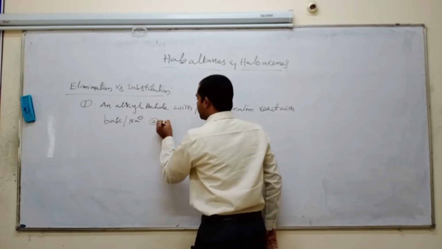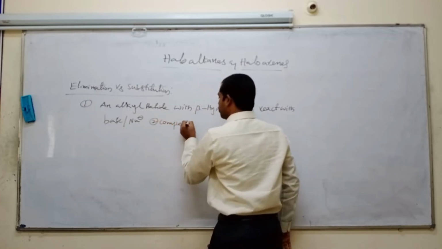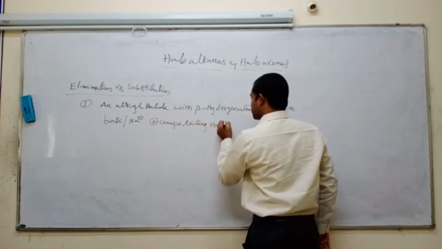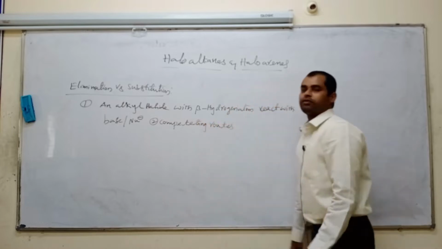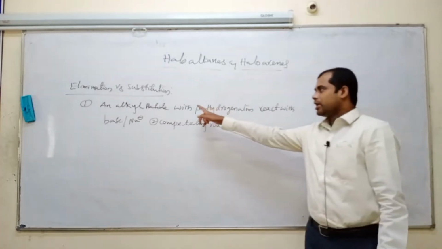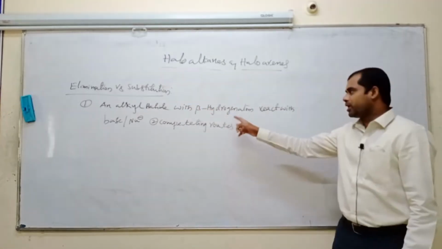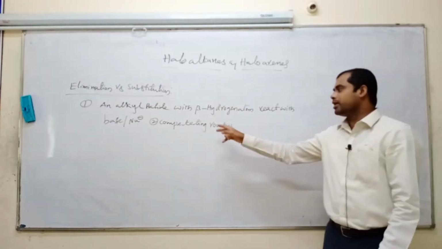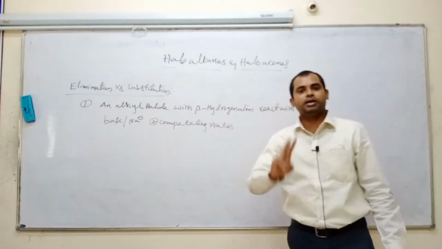Here two competing routes are available. That means an alkyl halide with beta hydrogen atom reacts with base or nucleophile, and here we observe two competing routes.